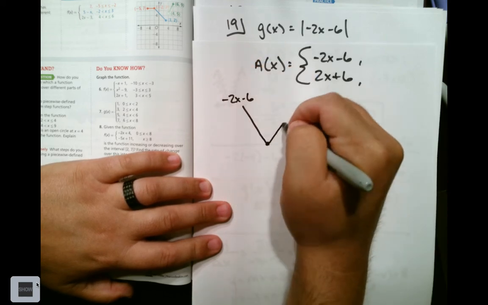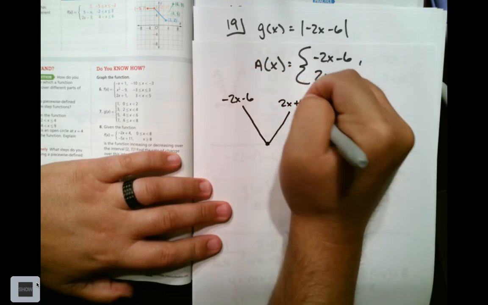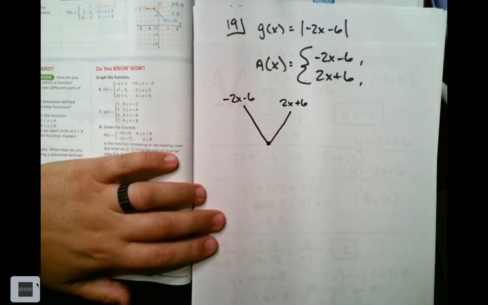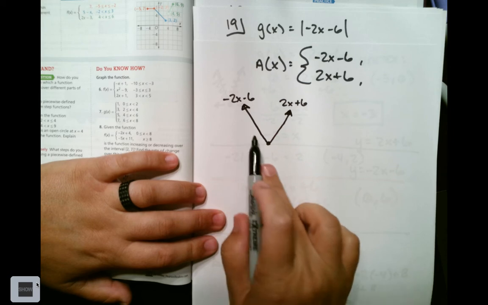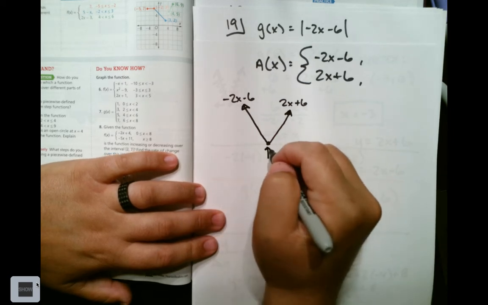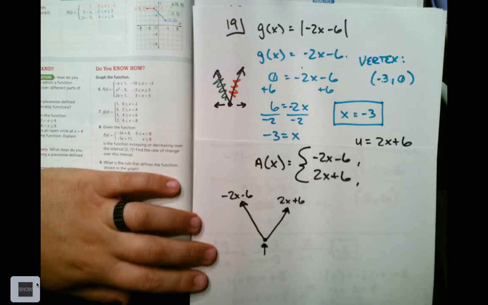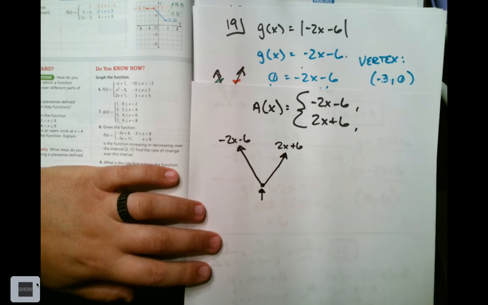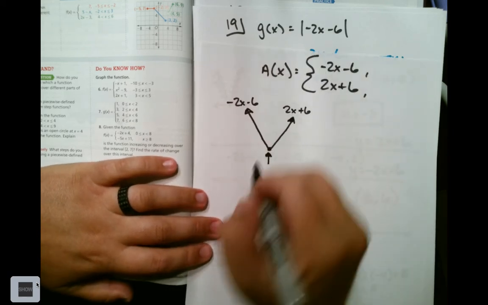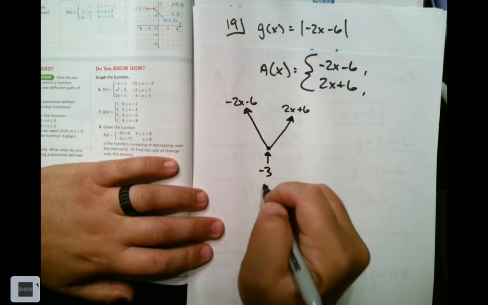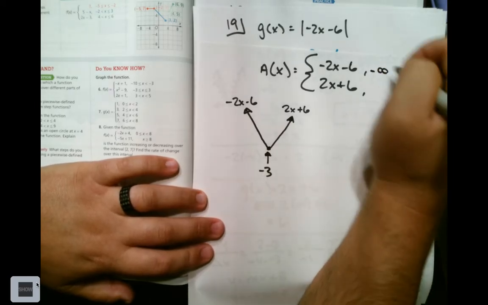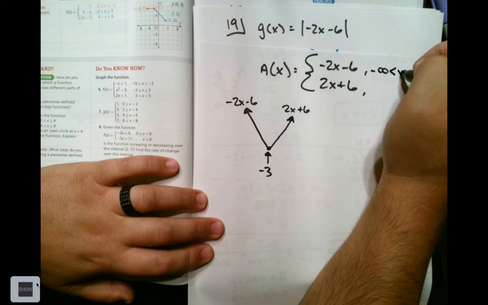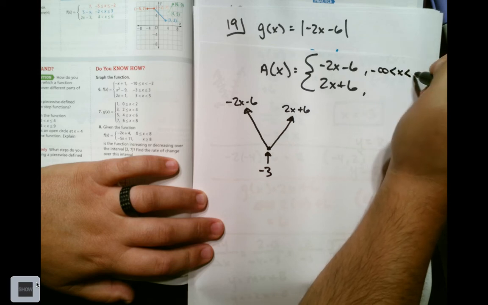The part that's going back up is +2x plus 6. So this domain restriction for -2x minus 6 looks like it's from that vertex, which we found, right? The vertex is at -3. So it's from -3, and it looks like it goes left forever. So negative infinity is less than x, which is less than negative 3.